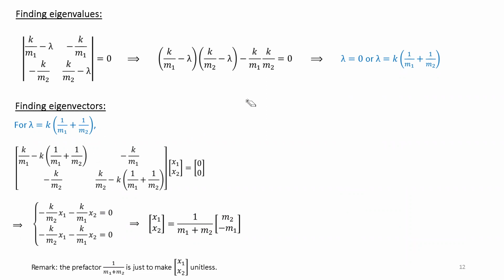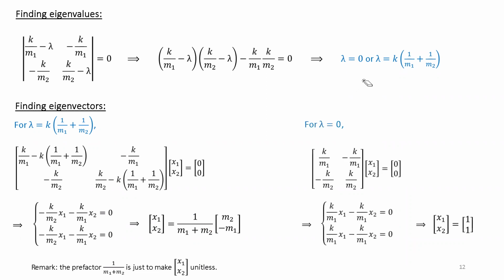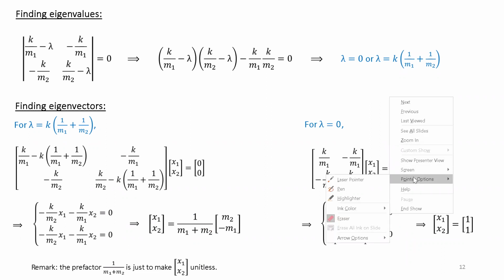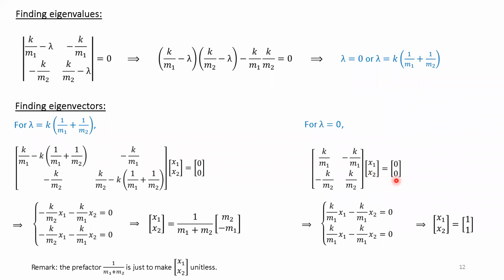And what about the other? The other is lambda equals 0. For lambda equals 0, the eigenvector would be 1, 1. Now, one thing to say is that if I have lambda equals 0, will I still have this sine cosine solution?